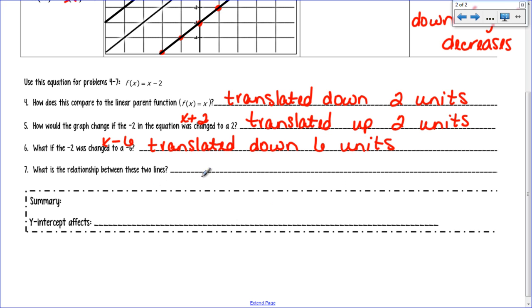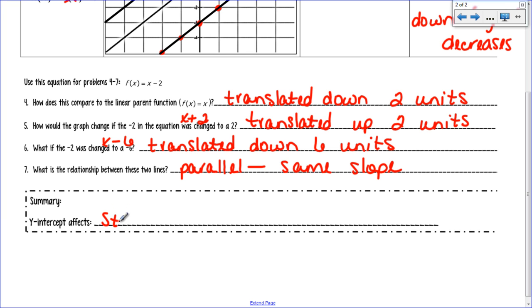And then the last one, what's the relationship between these two lines? Well, the relationship between any of these lines is they are parallel. Why? They have the same slope. So in summary, what the y-intercept affects is the starting point of the line. It affects how high the line is up on the y-axis.